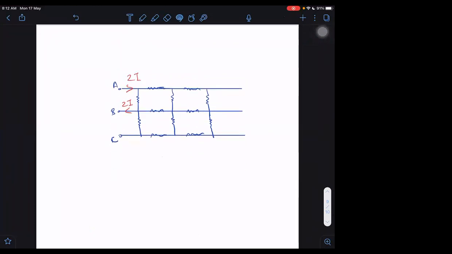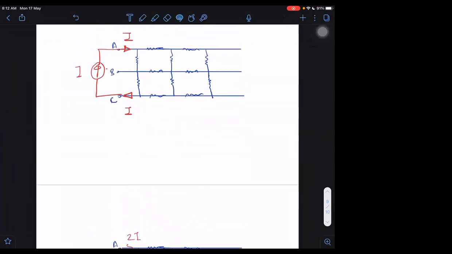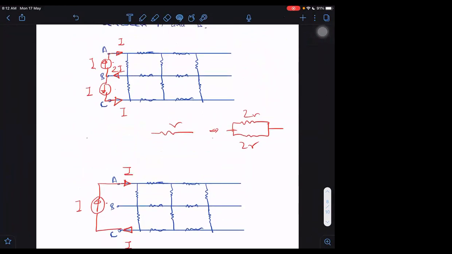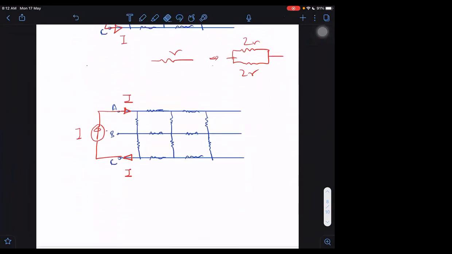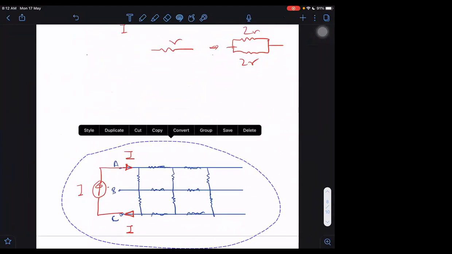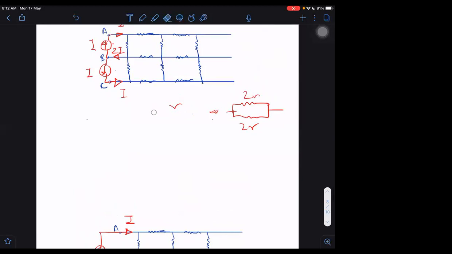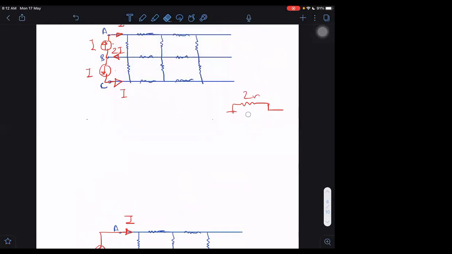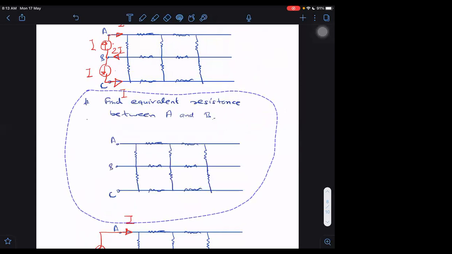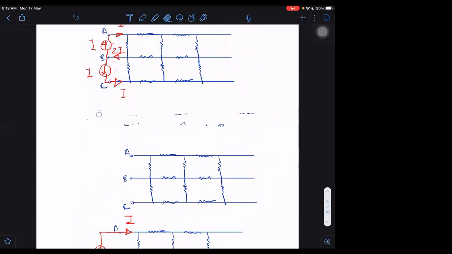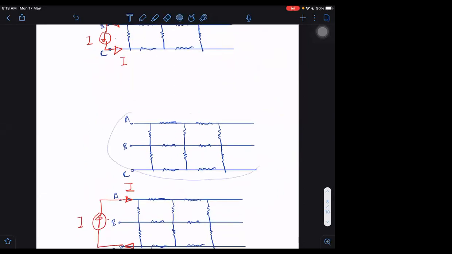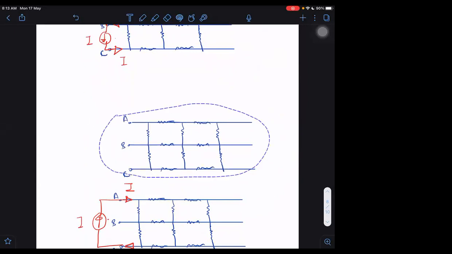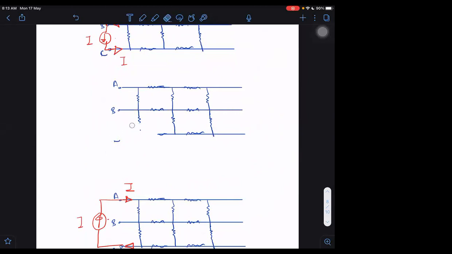So let us now solve it. What I will do in this case, I will remove the lower ones.